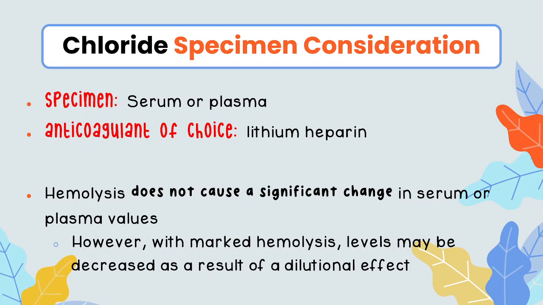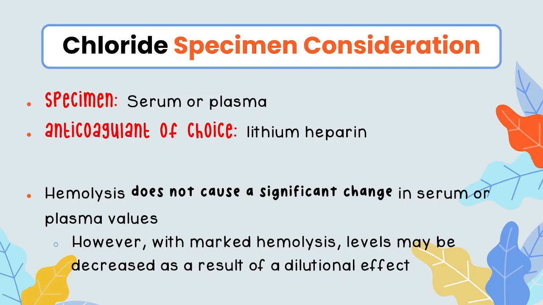Actually, in electrolyte testing kids, the anticoagulant of choice would be lithium heparin or heparin in general because, as stated by, I think Bishop again, heparin compared to your other anticoagulants has minimal chelating properties, minimal effects on shifts in water, and relatively low cation concentration.